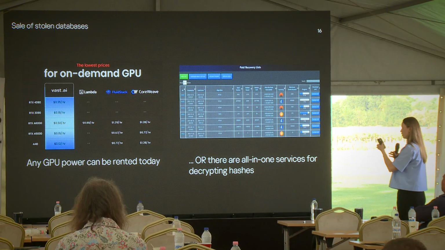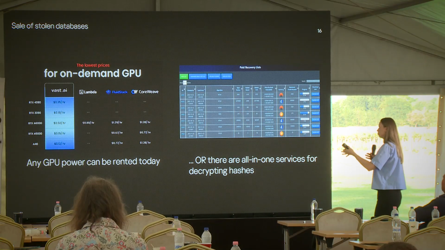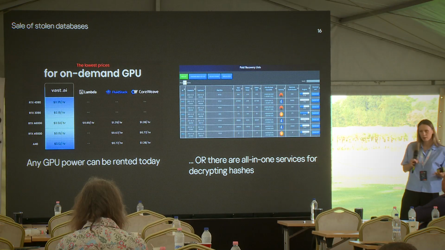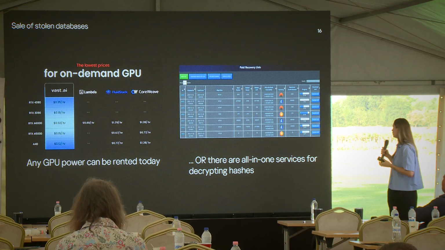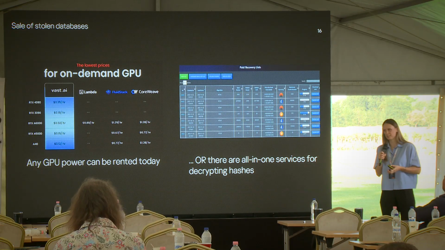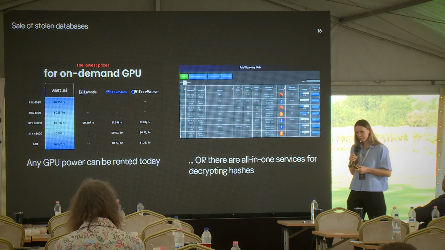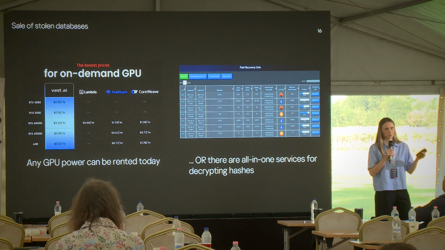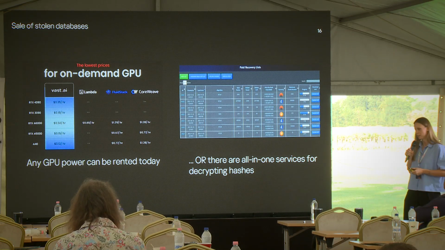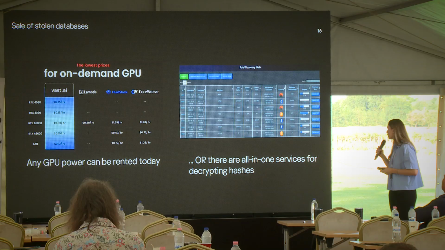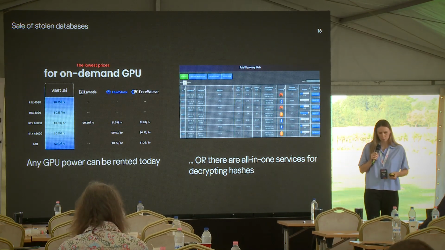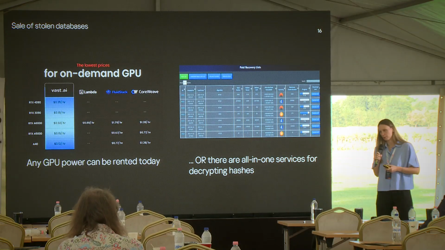They can just rent it as a public service, or there is even an all-in-one service for paid recovery lists. That's how it says. A very legal service that will help you convert your hash to a real password in seconds for very small money. The quality of the picture is not good, but I remember that it's cheaper than $1.